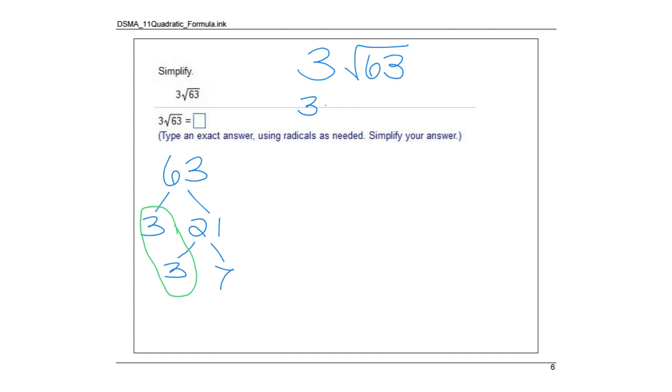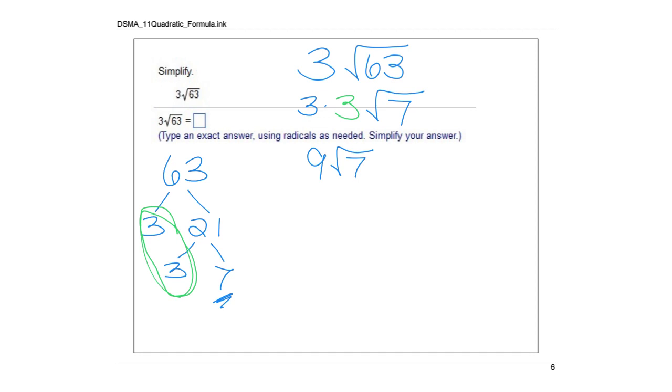So this is going to be 3 times the 3 that I was able to bring out of the radical, and then only the 7 would stay put. That lone 7 has to stay under the radical. And so if I finish that up, I get 9 times the square root of 7.